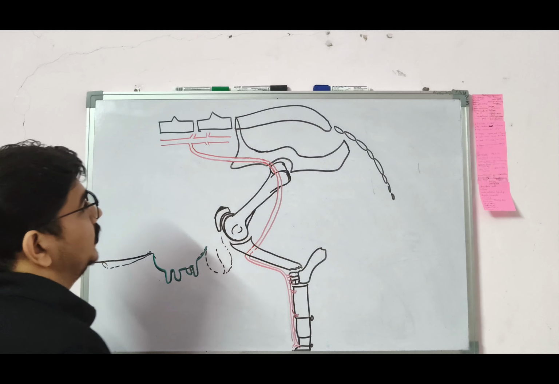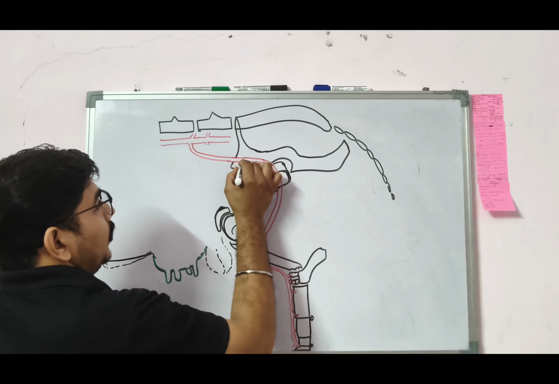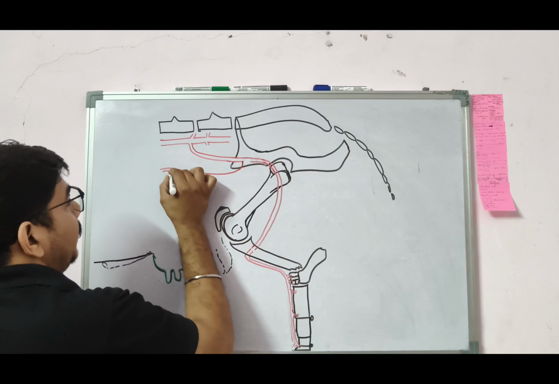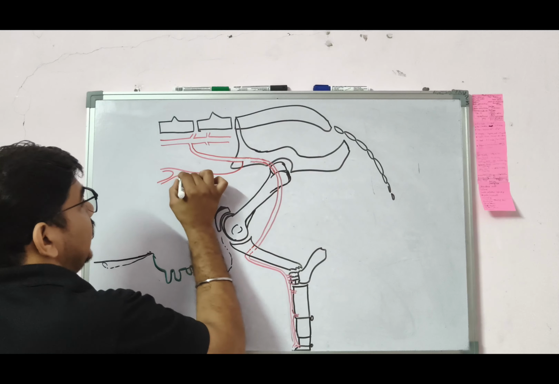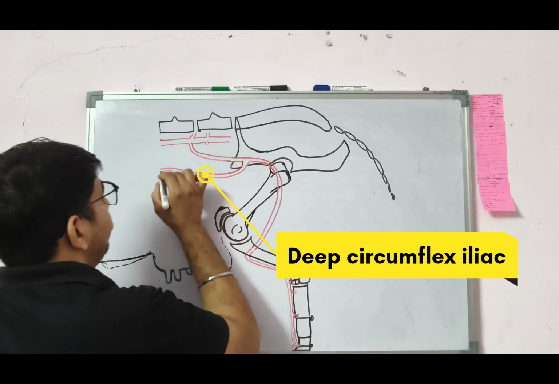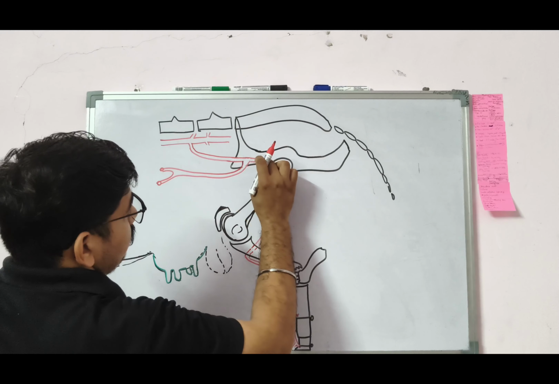The first branch, which emerged from this area, is known as the deep circumflex iliac.